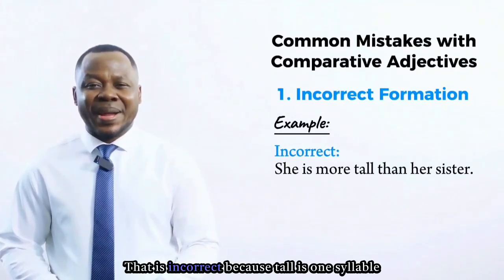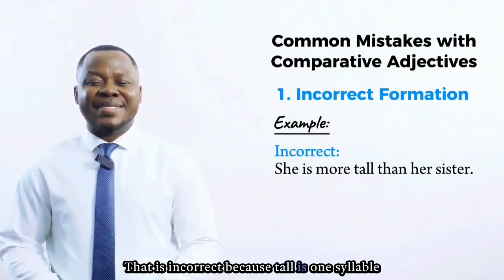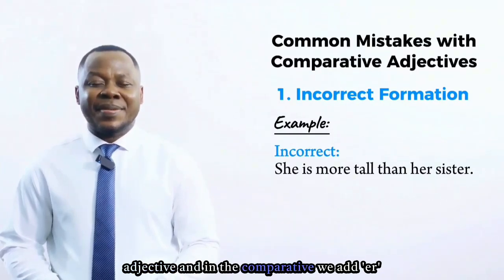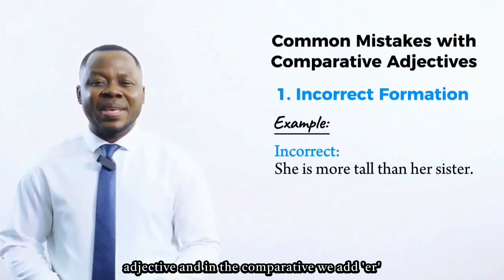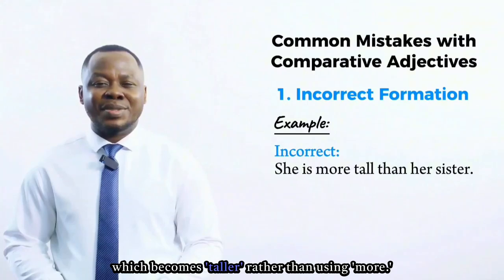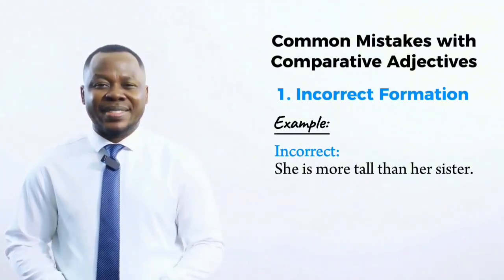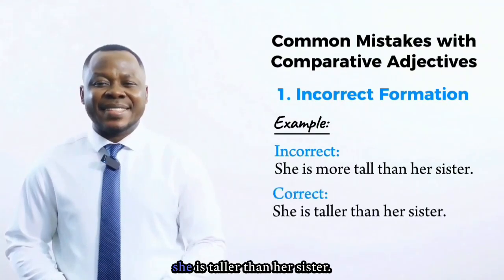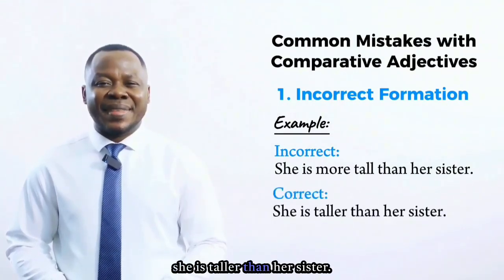That is incorrect because tall is a one-syllable adjective, and in the comparative we add ER, which becomes taller, rather than using more. Therefore, the correct sentence would be, she is taller than her sister.